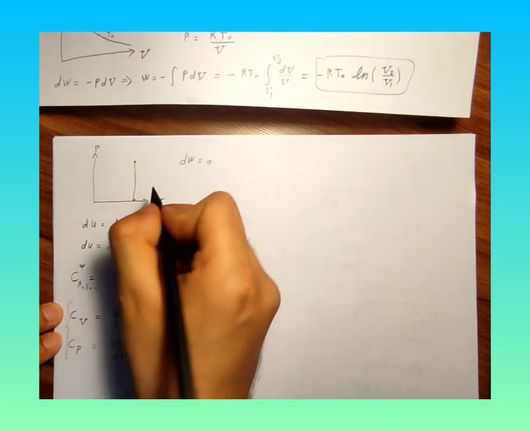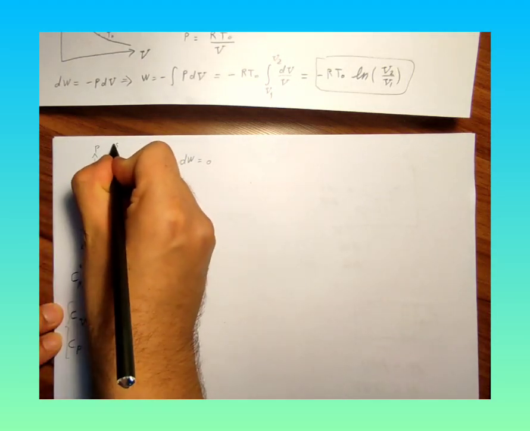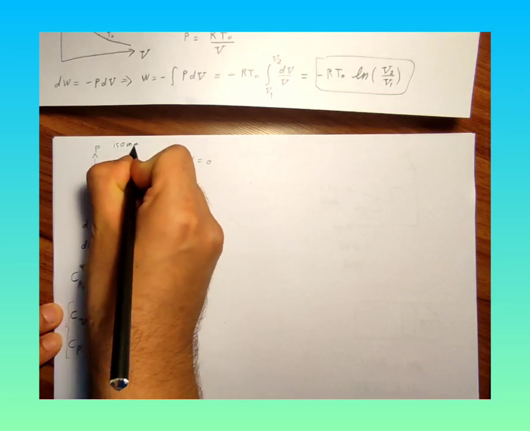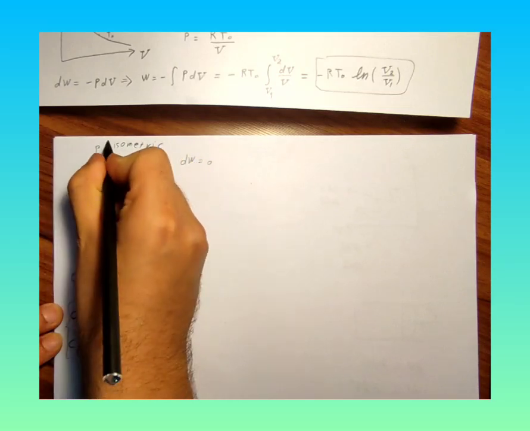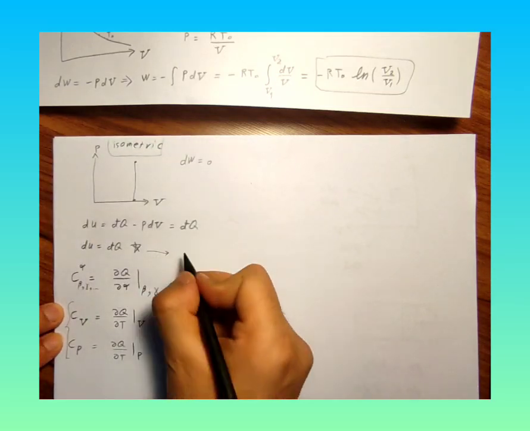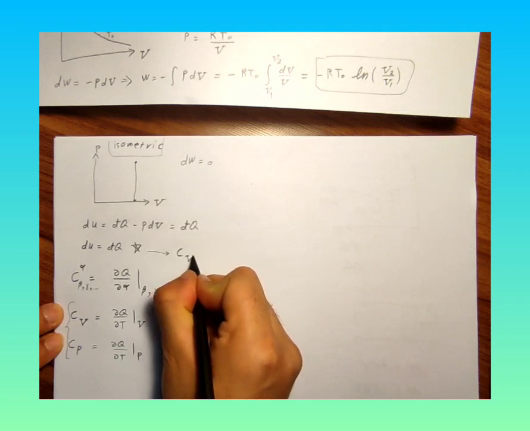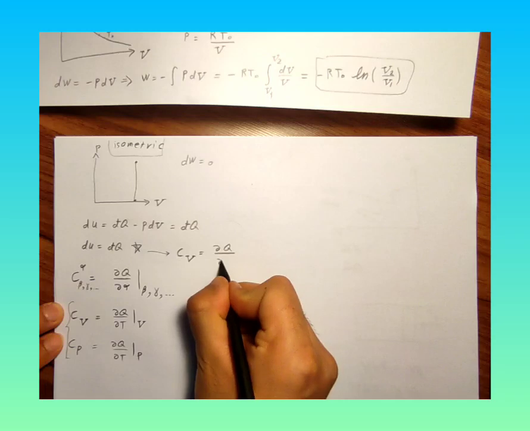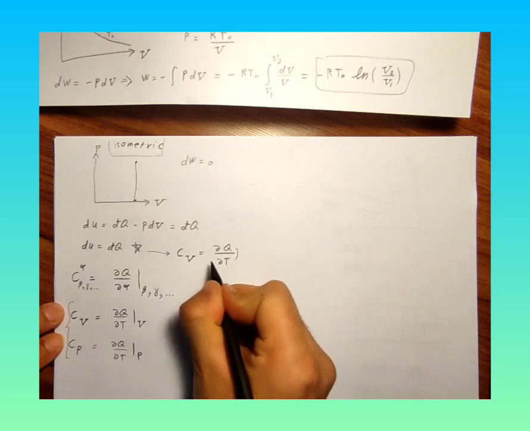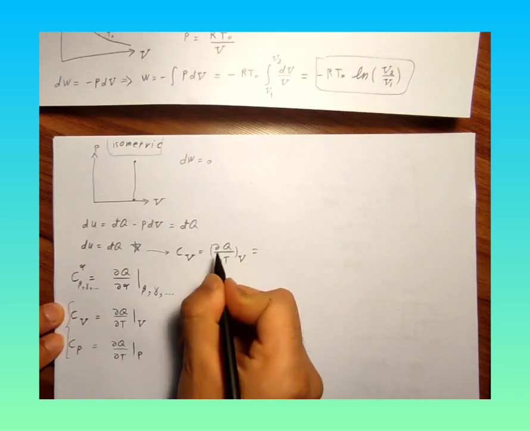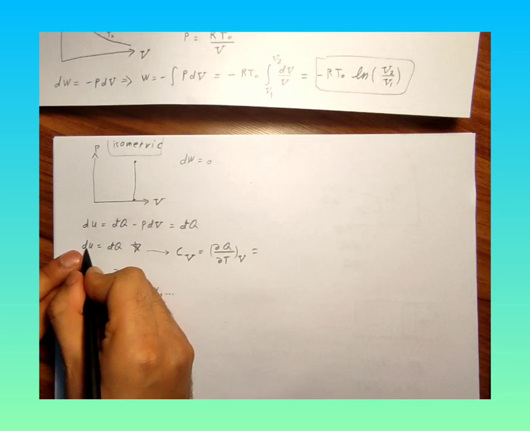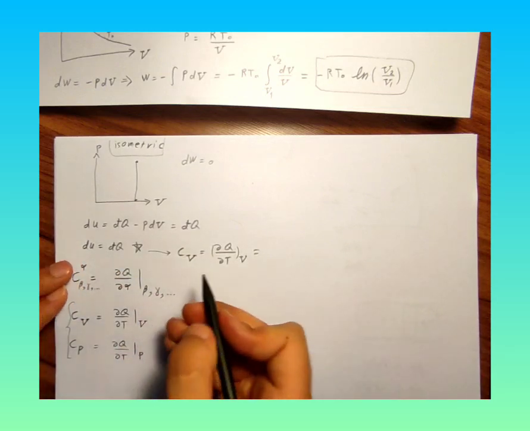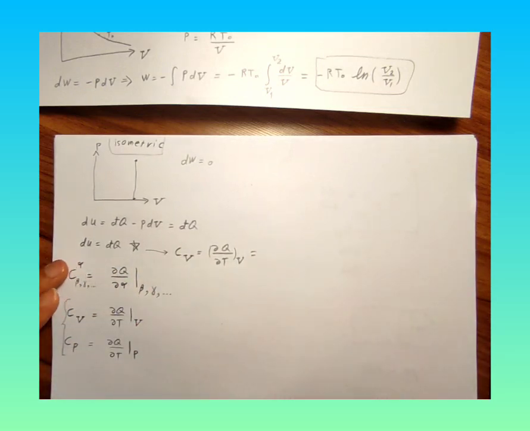Now, come back here. In an isometric process, CV is ∂Q divided by ∂T at constant V, and dQ is equal to dU, so you can say ∂U is equal to ∂Q.